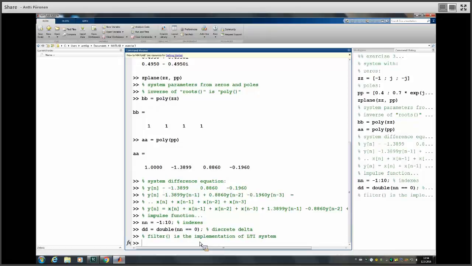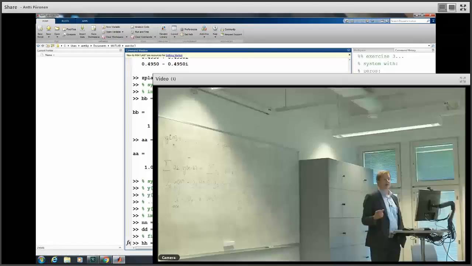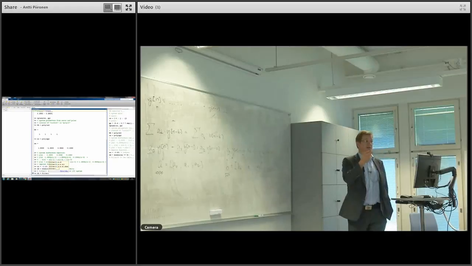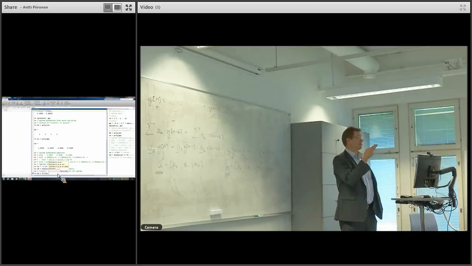Okay, the impulse response h equals filter, how does it go? Filter B, A, and x. And if you selected the variable names correctly, you can put those variables there the correct way. If you swap the B and A, then you'll get funny answers.